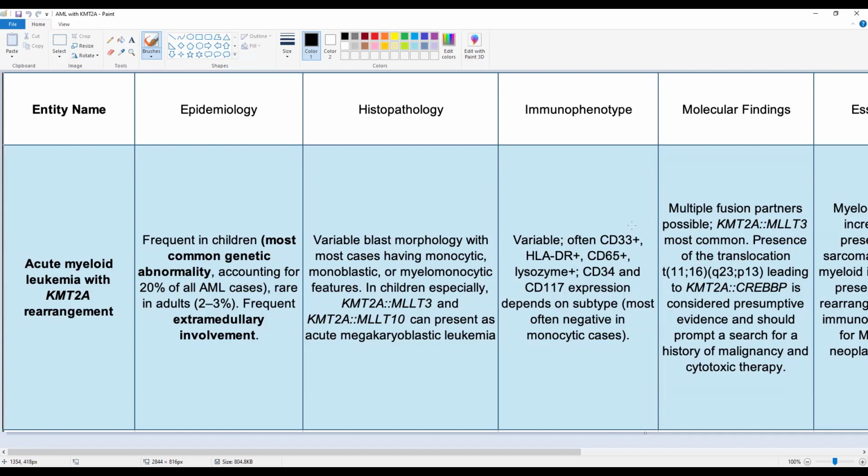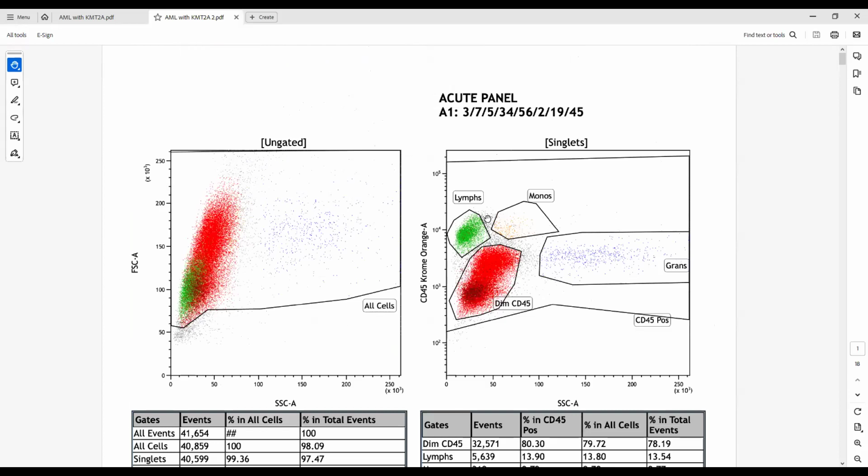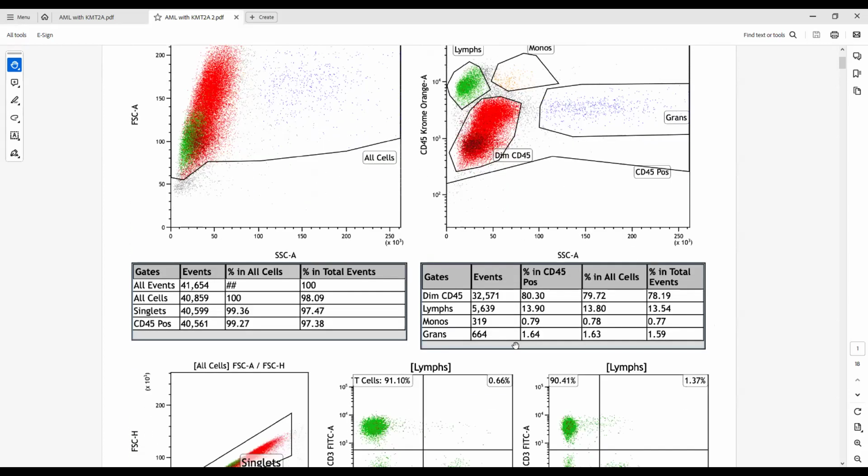Now, let's have a look at the flow cytometric findings of our patient. So, as you can see here, we do see our lymphocyte population in green, few monocytes in yellow, few granulocytes in blue, and a very big dim CD45 population in red and brown.